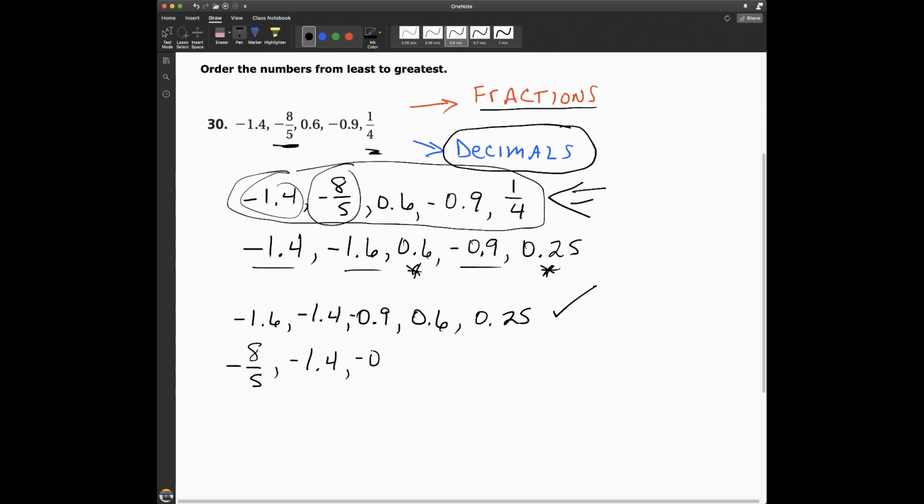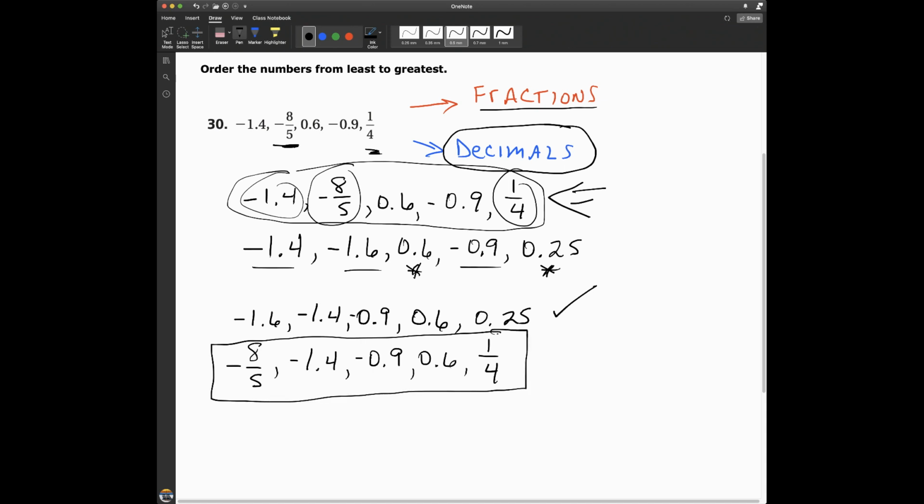Same with negative 0.9. Same with 0.6. And then 0.25, that was 1/4. So I finished the problem and I have ordered the numbers that I started with. They are ordered from least to greatest.